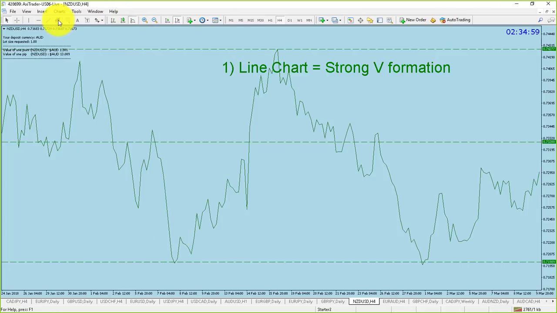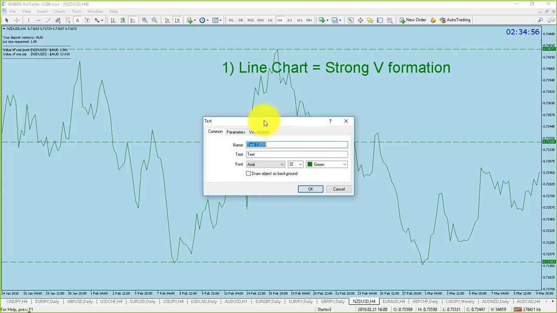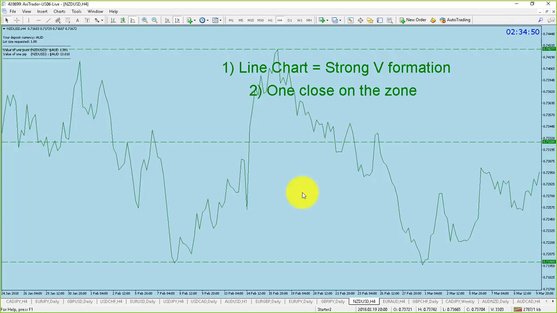And then the second thing is you've only got one close on the zone. So what I mean by one close on the zone is only one candle closes on the zone, and all the other candles close away from the zone, clearly away from the zone.